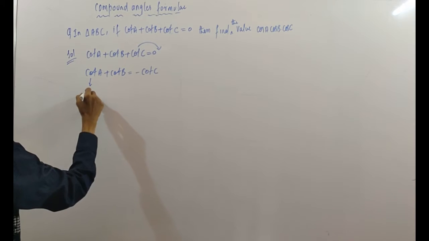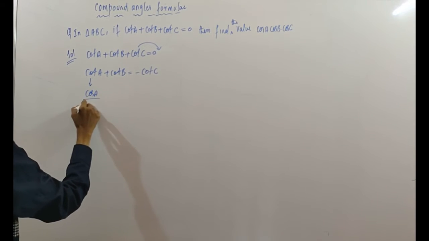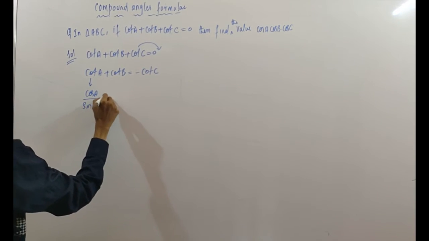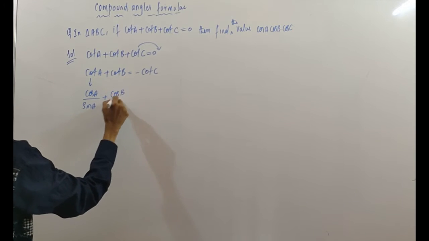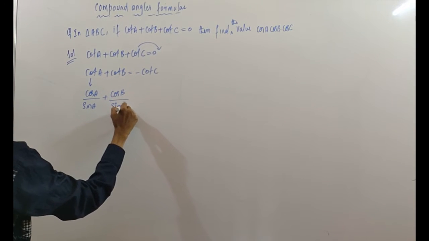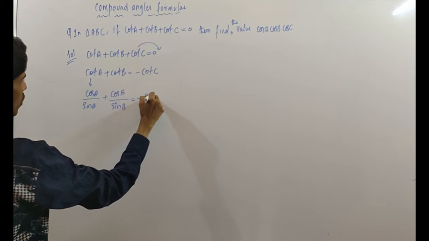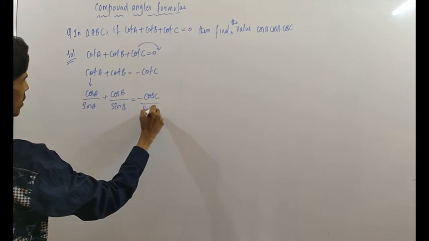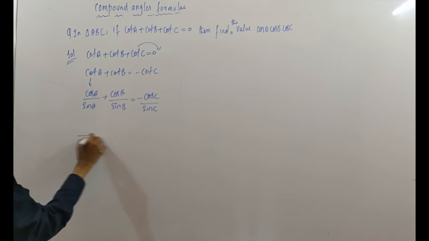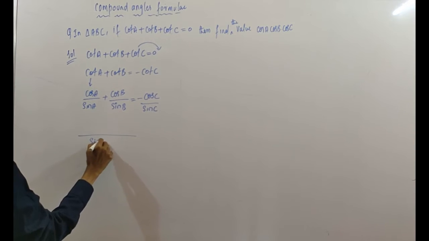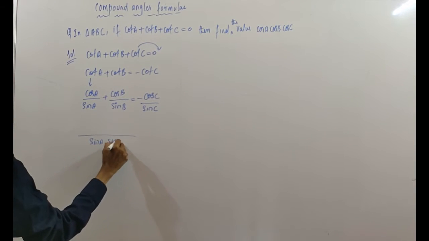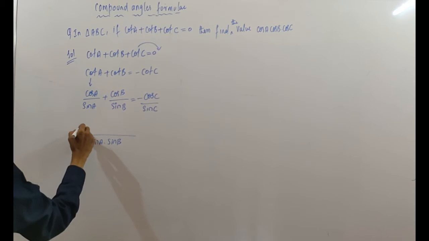Convert into sin by cos. So cot value is cos A divided by sin A plus cos B divided by sin B is equal to minus cos C divided by sin C. Take LCM here, it will become sin A sin B. These two will get multiplied.